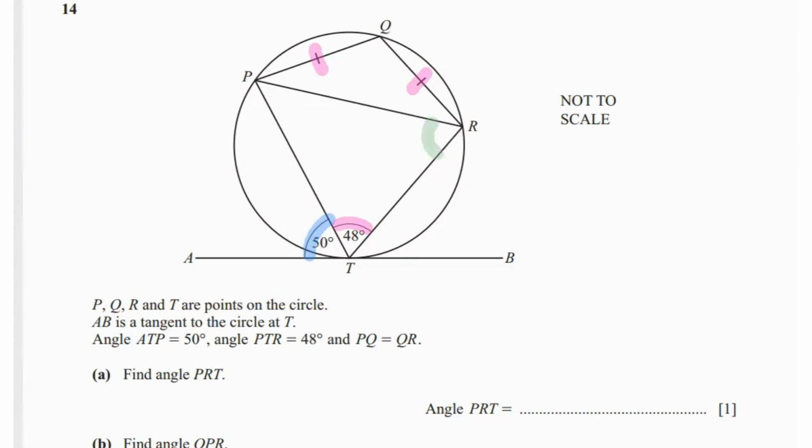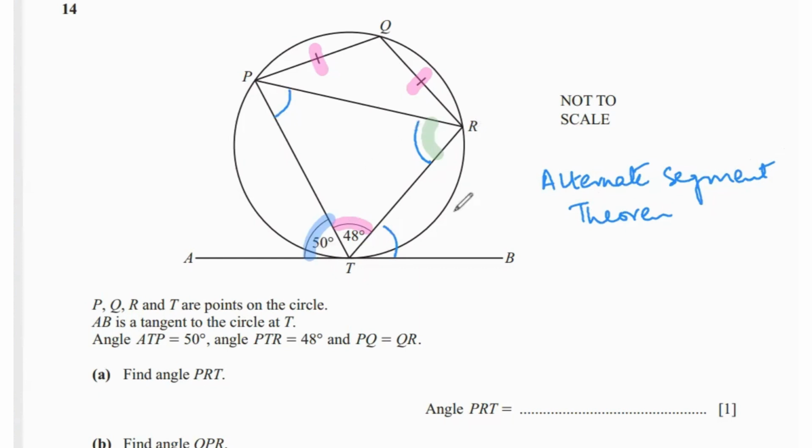To find this angle, what we're going to do is use the alternate segment theorem. Based on the alternate segment theorem, this angle is basically equal to this angle, and this angle is basically equal to this angle.